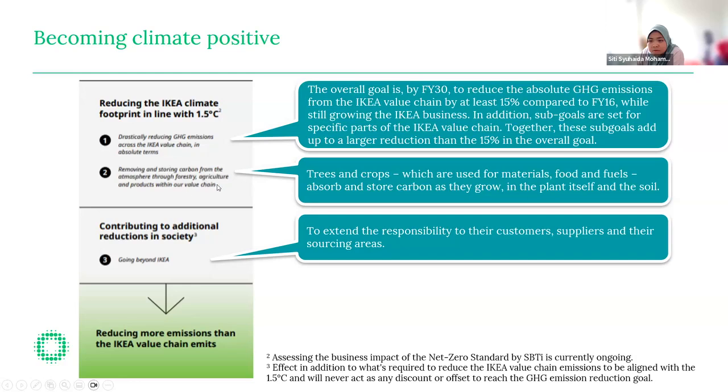Then they're removing and storing carbon from the atmosphere through forestry, agriculture, and products within their value chain. And they also extend it to their customers, suppliers, and their sourcing areas. So they not only focus on their company, they also focus on their products, including their customers, suppliers, and sourcing areas.